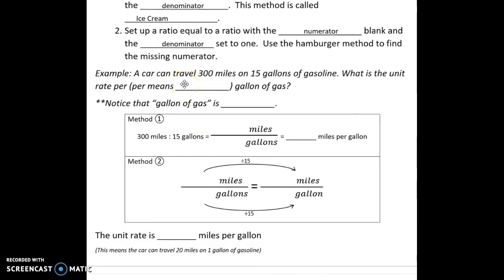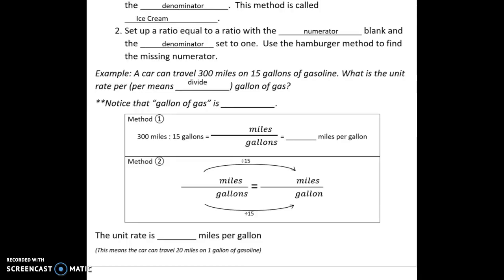Now, per means divide. If we're using the ice cream method, then per means divide. And then I want you to notice something about gallon of gas. At first it says that the car can travel 300 miles on 15 gallons of gas, and now we want to know what the unit rate is per gallon of gas.